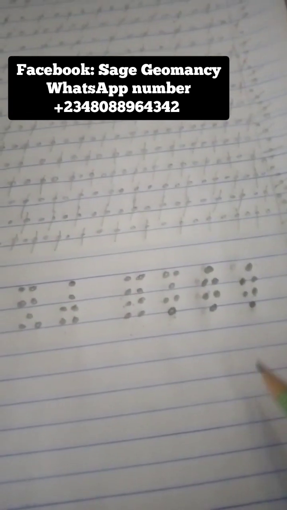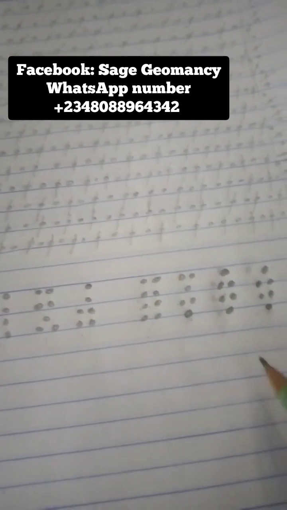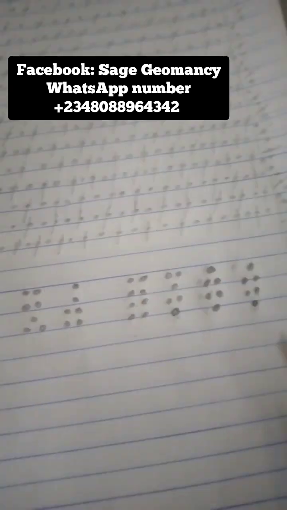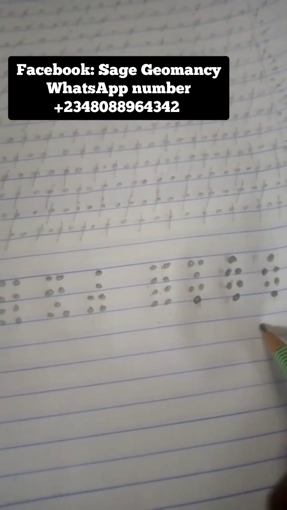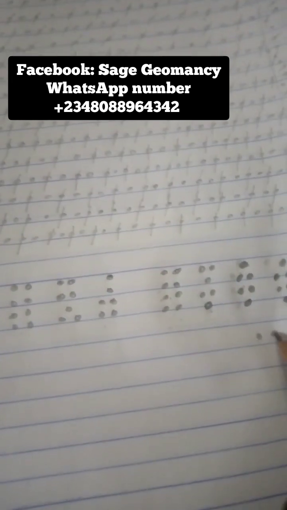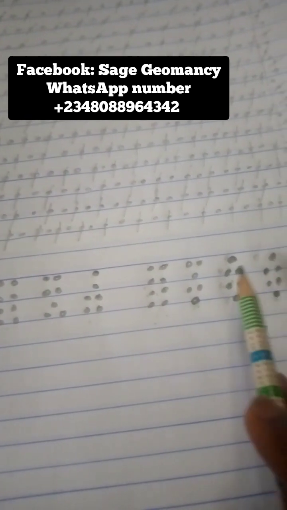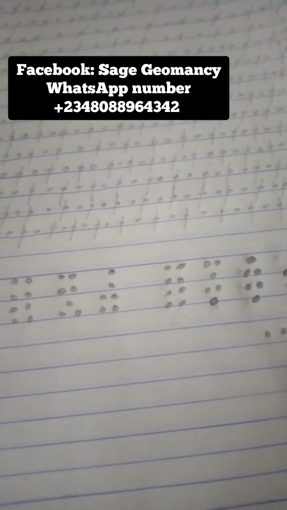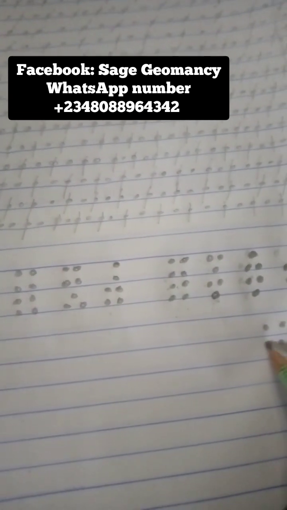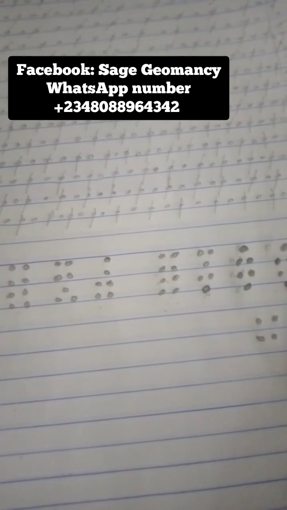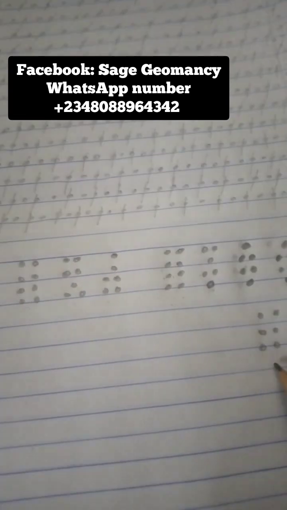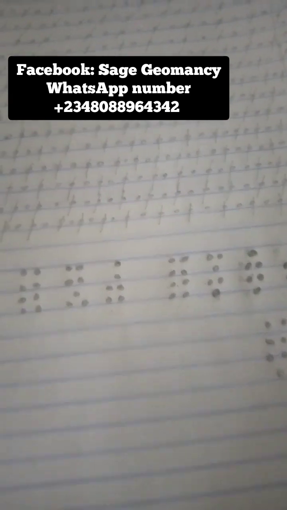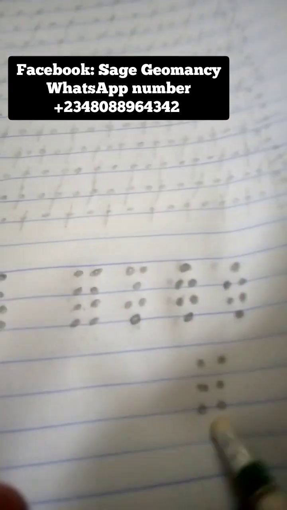Let's start. To generate this one, we start from this plus this, which will give us what? I will explain how it is. This plus this will give us 2. Then this and this will also give us 2 as well. This and this will also give us 2 as well. This and this will give us 2 as well.